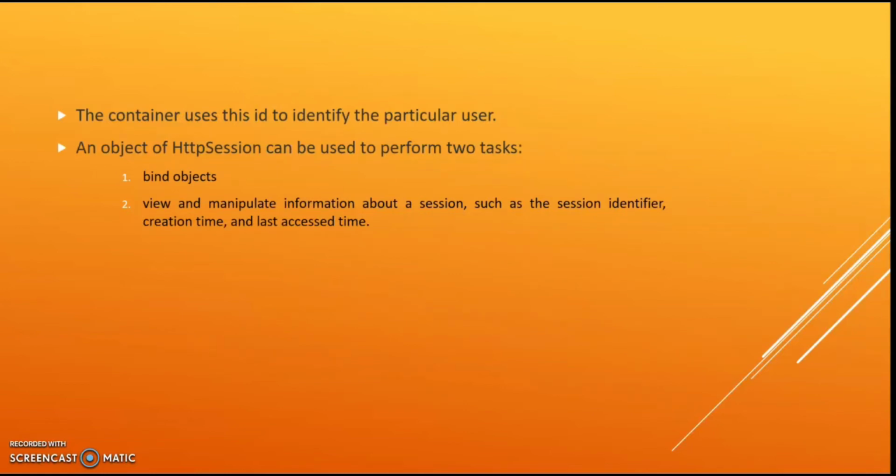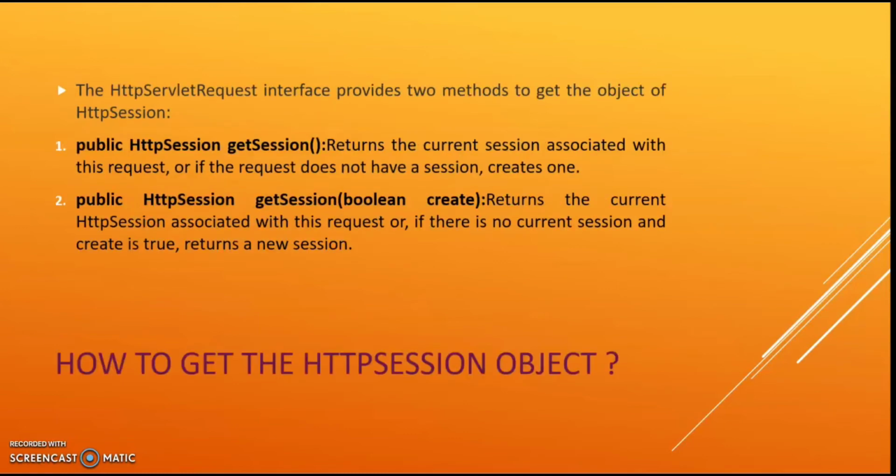An object of HTTP session can be used to perform two basic tasks: one for binding objects, and second, to view and manipulate information about the session, such as session identifier, creation time, and last access time. So how to get an HTTP session object?